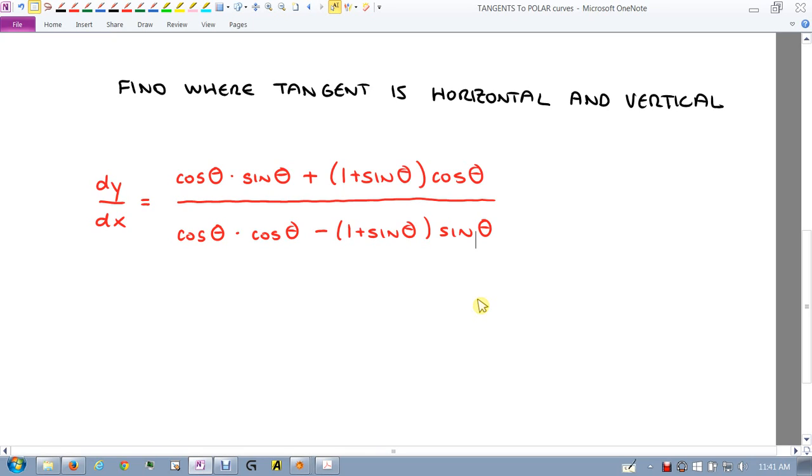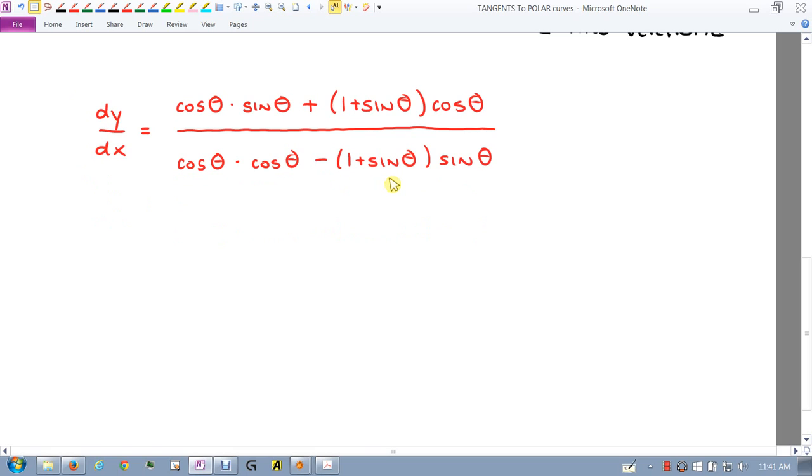There's our derivative. Understand? Let's put things together. This is just cosine theta times sine theta. Here I distribute a cosine through, and then here's another cosine theta, sine theta, right? So I'm going to have on top a cosine theta plus 2 cosine theta sine theta over, what do we get here?